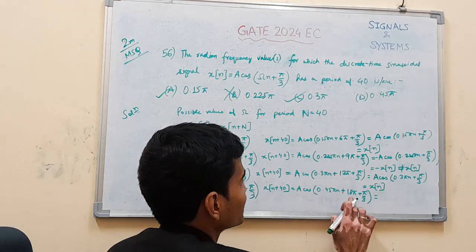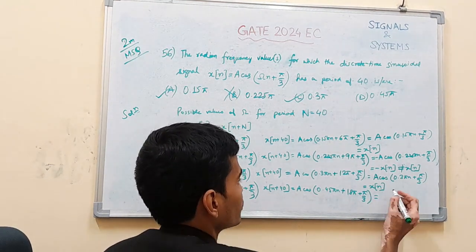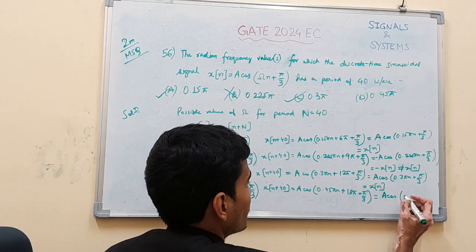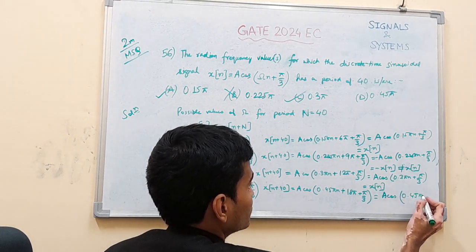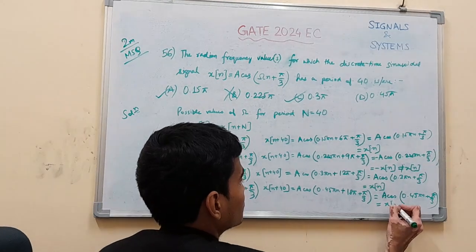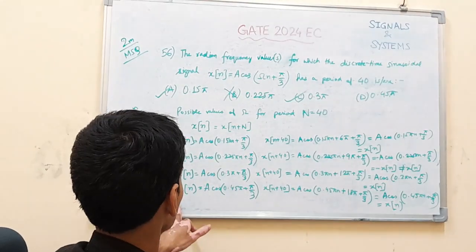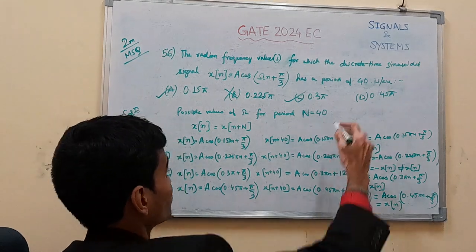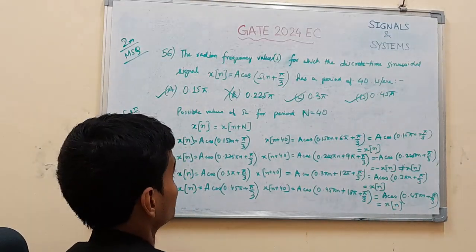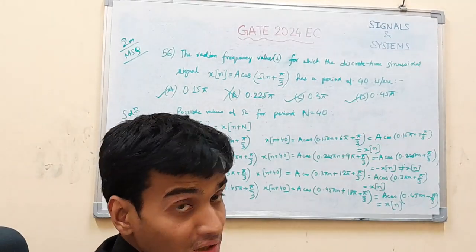So adding 2 pi n to an angle theta, cos of that is cos theta. So it will be A cos of 0.45 pi n plus pi by 3, which is equal to x of n. So again it satisfies the definition of period of the function x of n. So 0.45 pi is also a possible radian frequency value for which the period is 40.